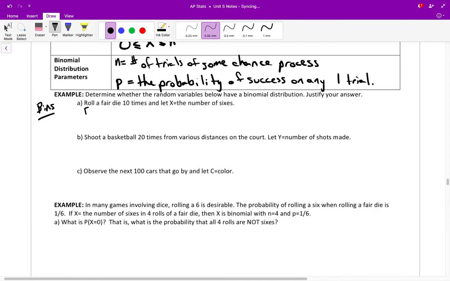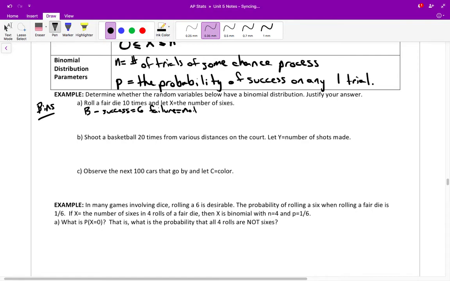Okay, so let's ask ourselves first, B, is this binary? Can you classify each trial as either a success or failure? And basically you can. You can say that success would be any roll of a 6, and you could say that failure was any other number.